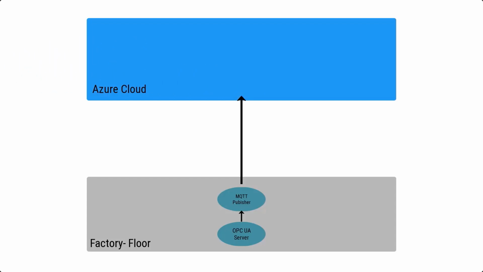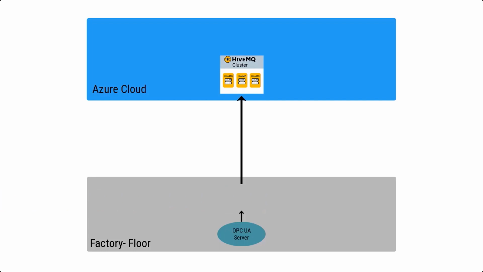A better approach would be to deploy a standalone MQTT broker on Azure Cloud that will receive messages from your factory floor. So in our case, we're going to deploy a standalone MQTT broker on Azure Cloud in the form of a HiveMQ broker cluster.